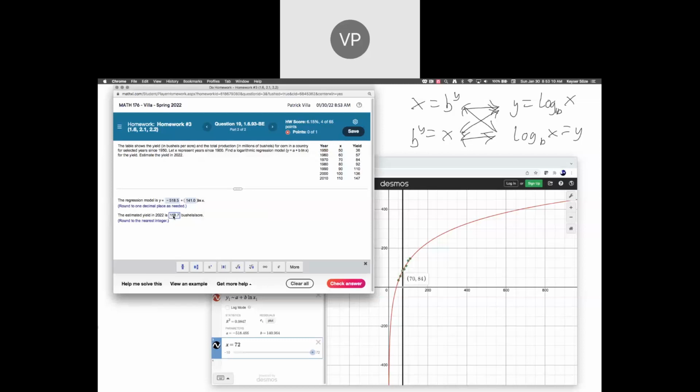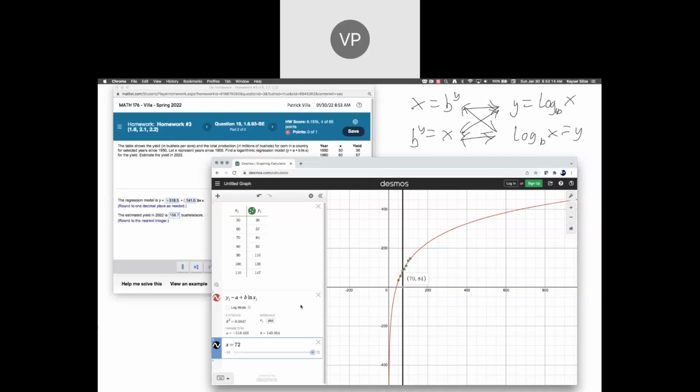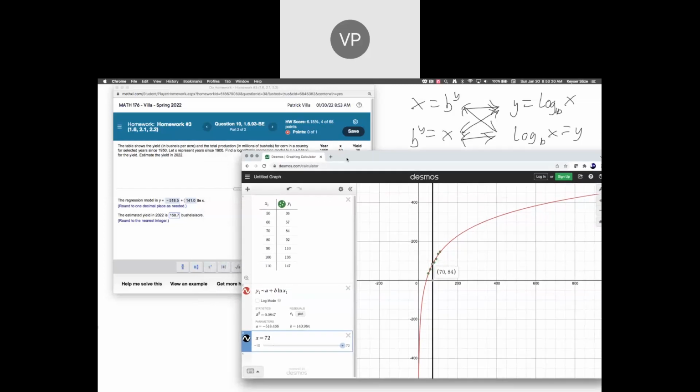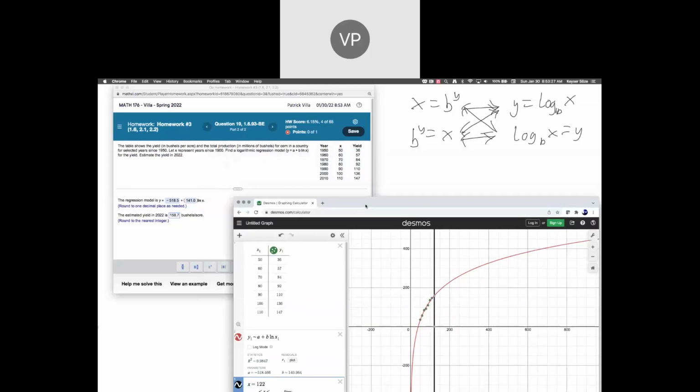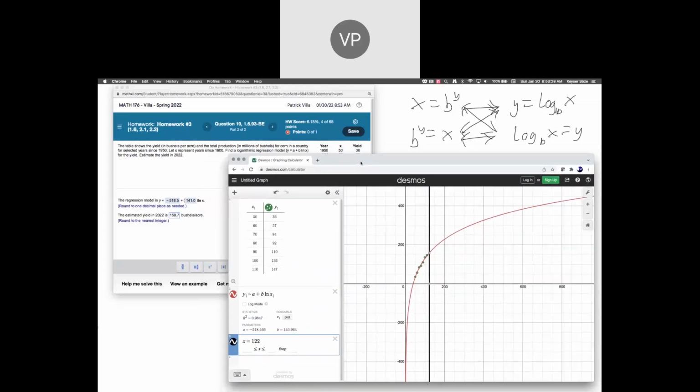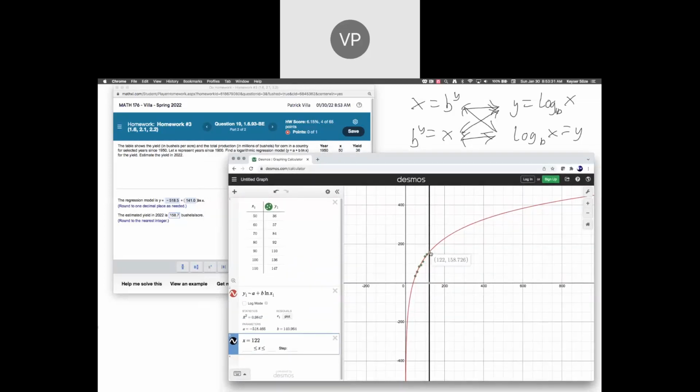Okay, something didn't look right here. Make sure my data is all good. No, it is after 1900. What did I get wrong? Did I put 112 and not 122? Okay, go back. 122 is what I should have had. 2022.